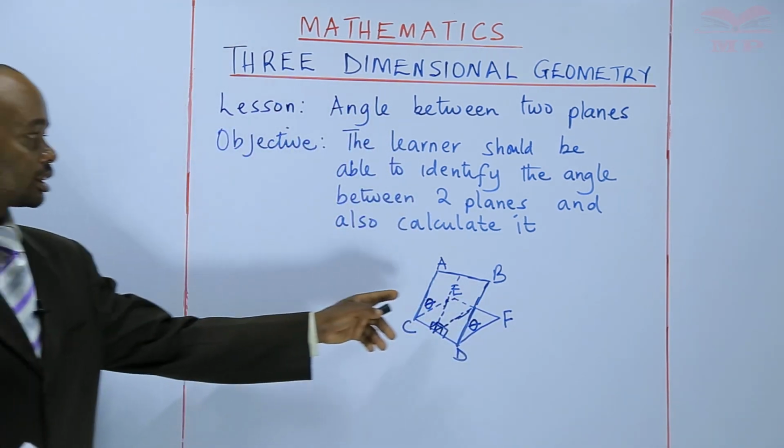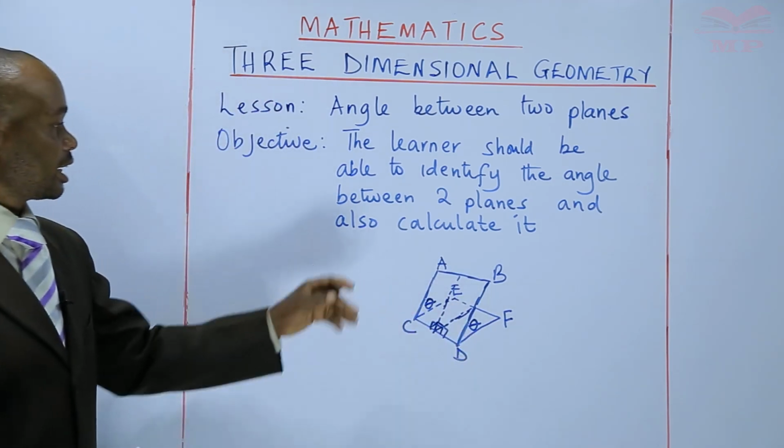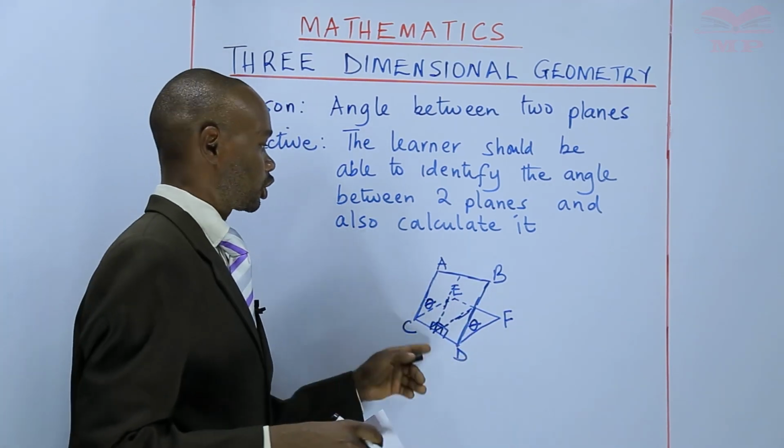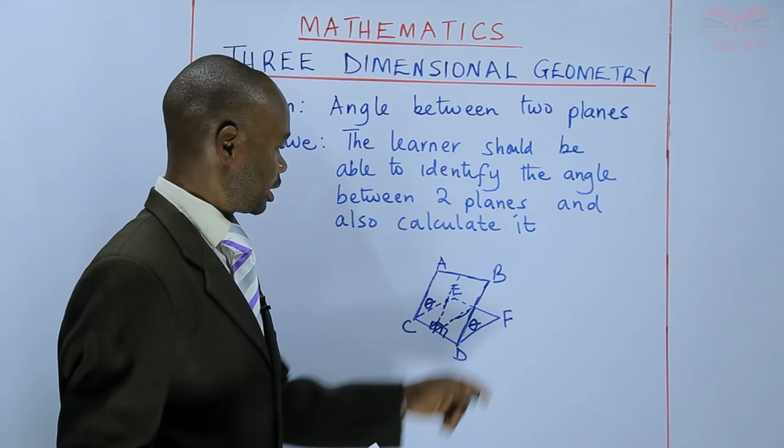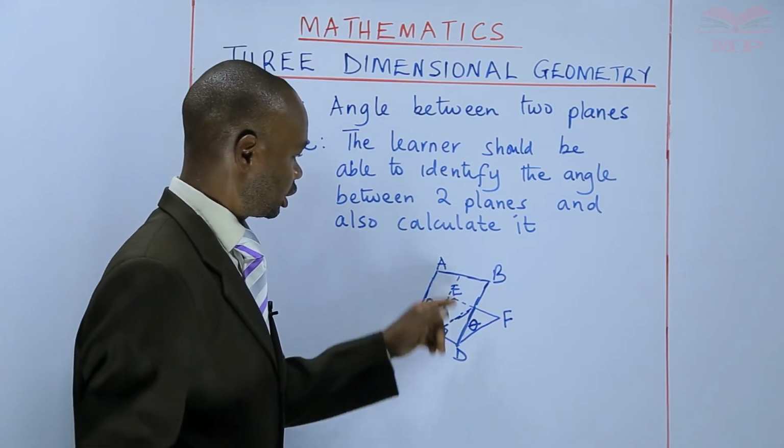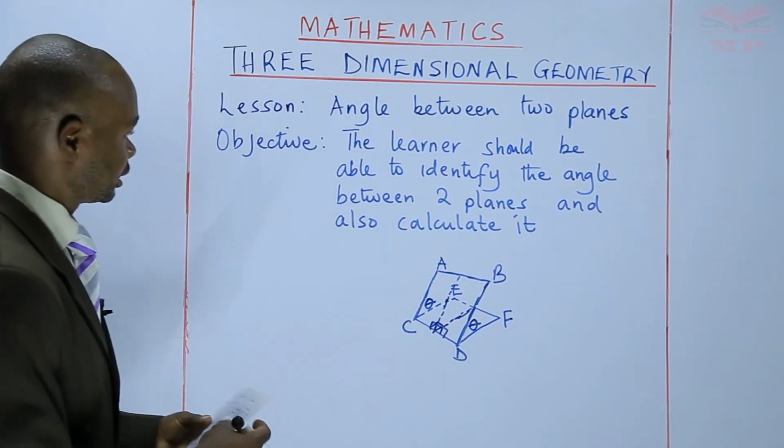If you look at our diagram, the angle between plane ABCD and CDEF is theta.